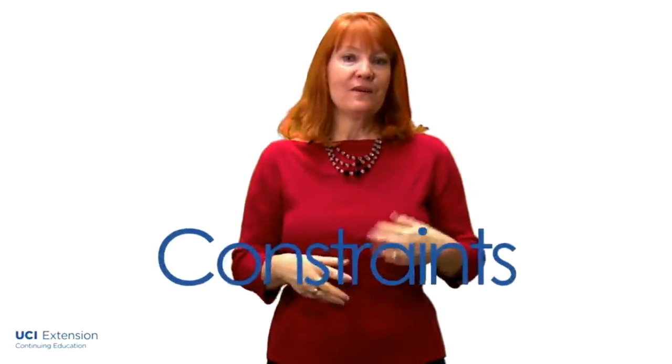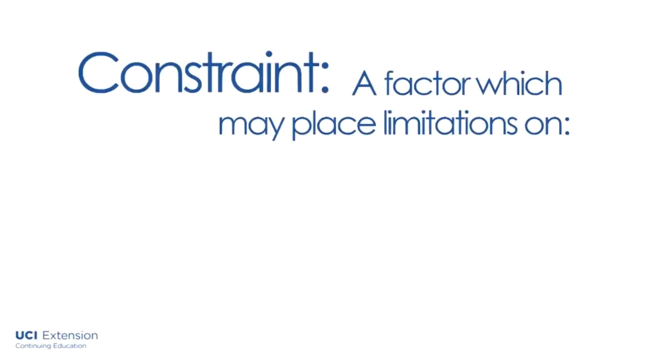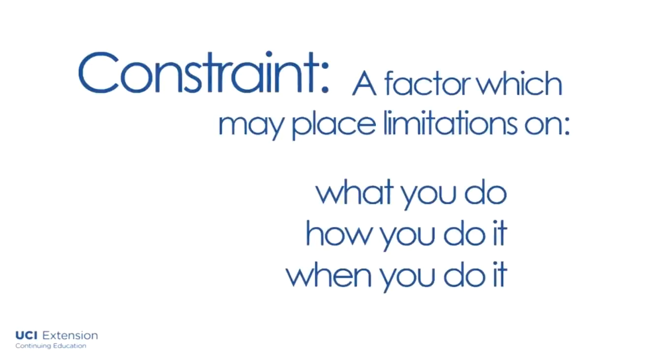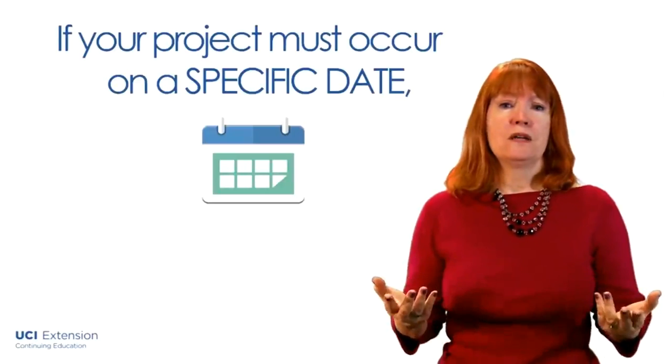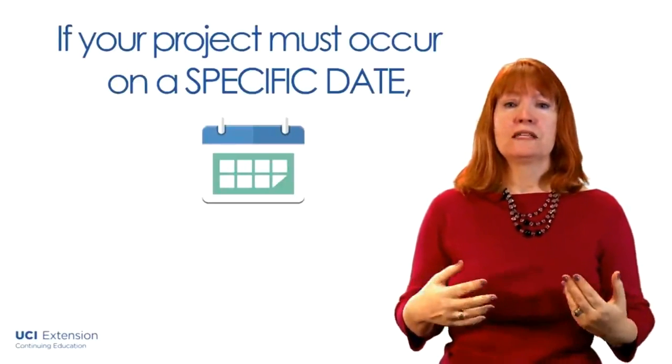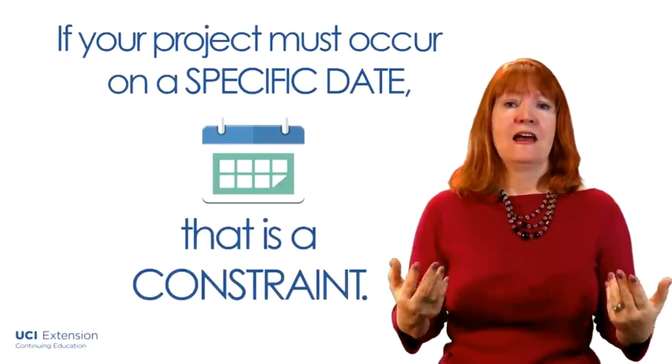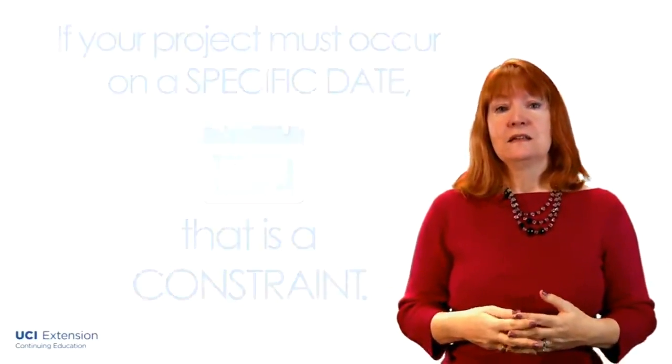When you execute a project, you have certain constraints that you face. A constraint is a factor which might place limitations or restrictions on what you do, or how you do it, or when you do it. For example, if your project is a party or an event and it has to occur on a specific date, that is a constraint.